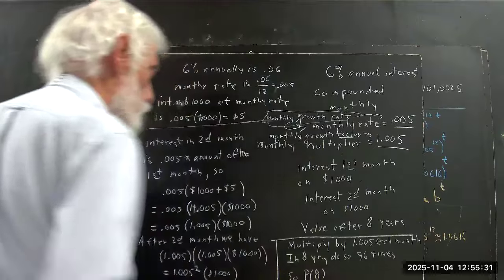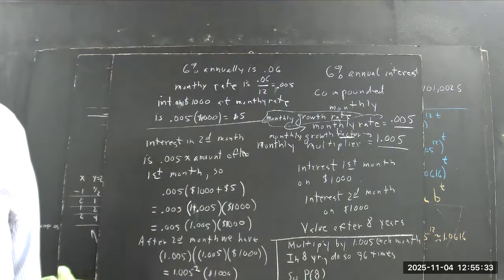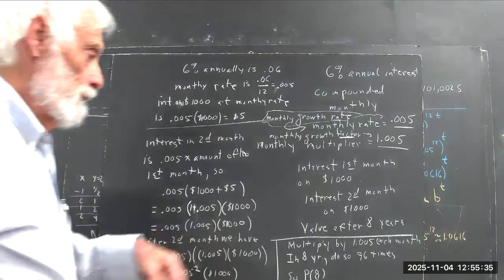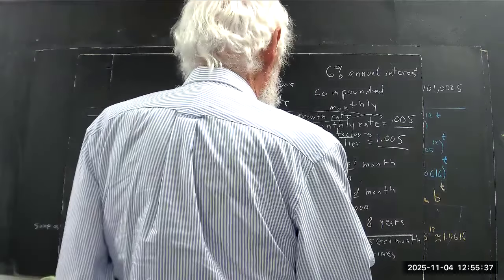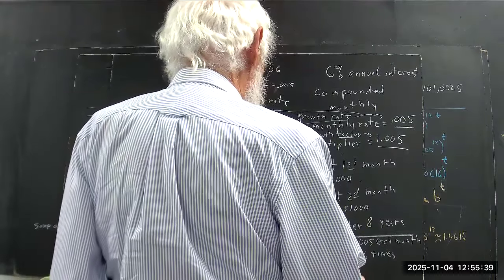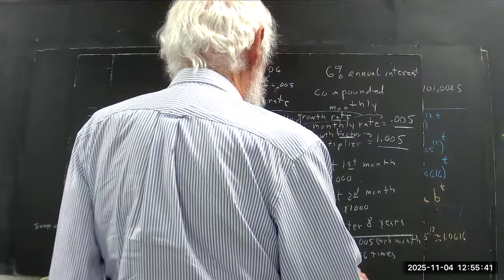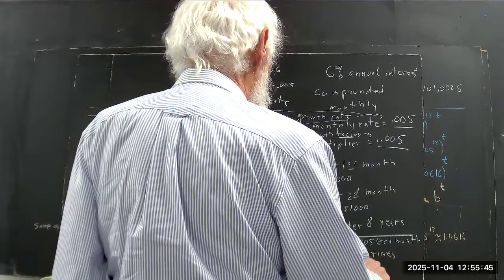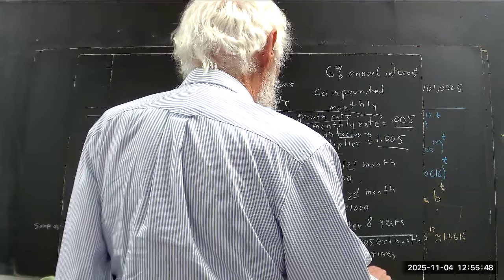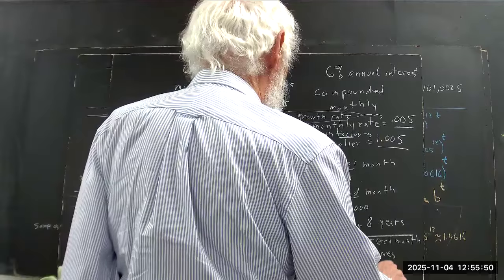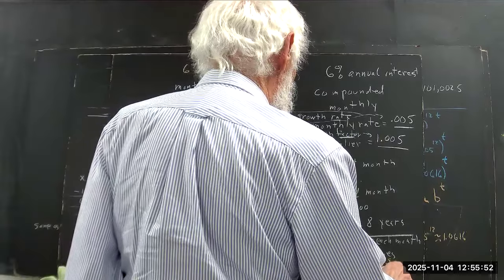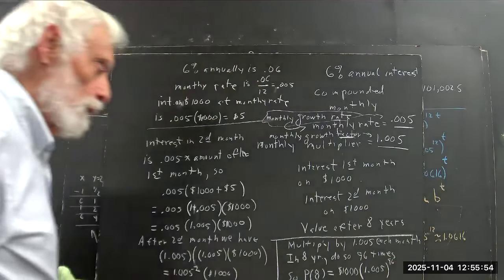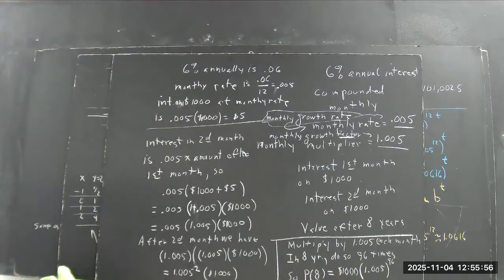I'm going to use P for the principal. P of 8 then equals $1,000 multiplied by 1.005 to the 96th power.